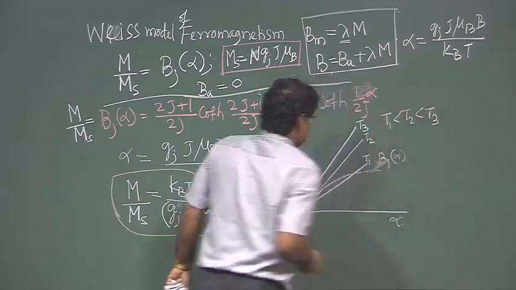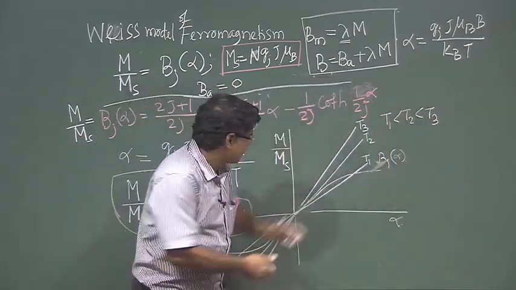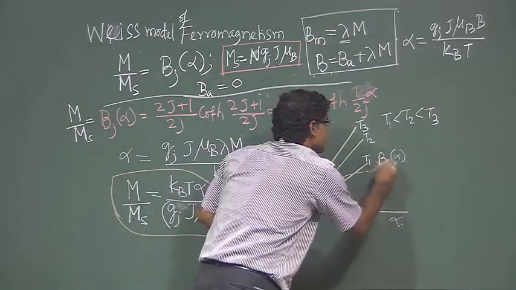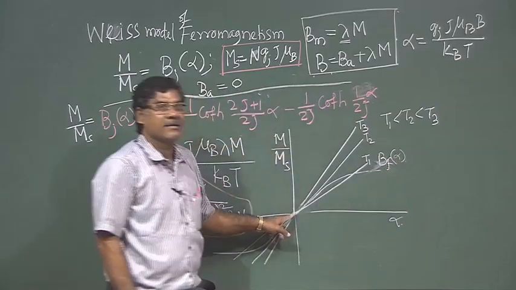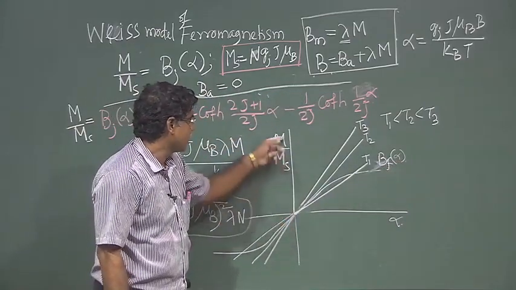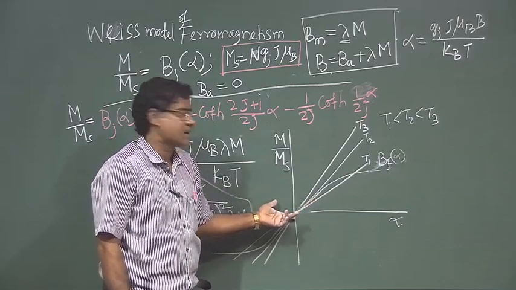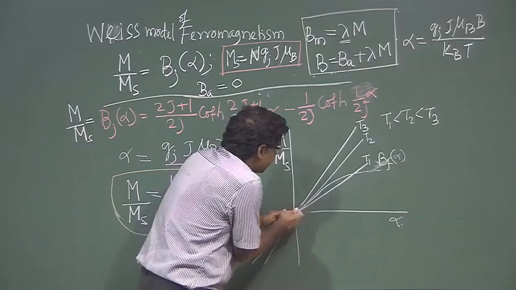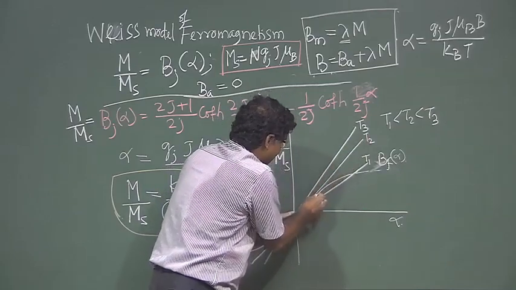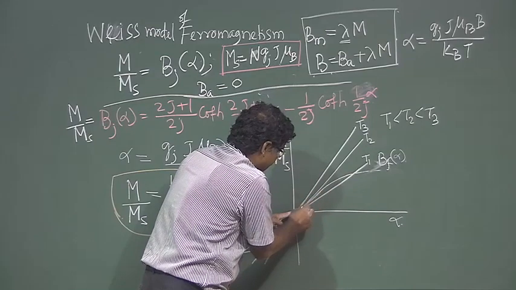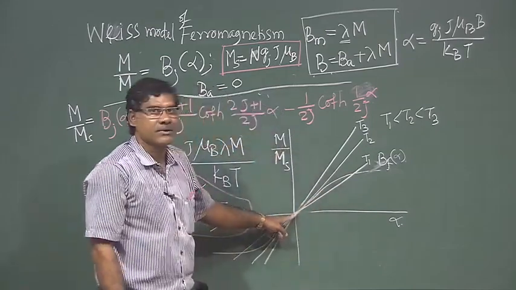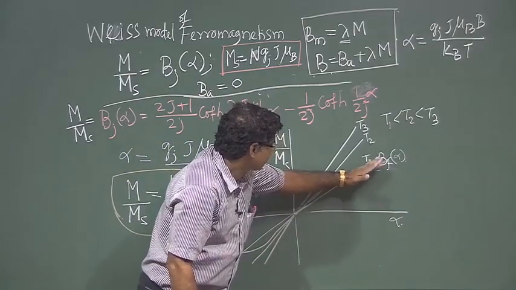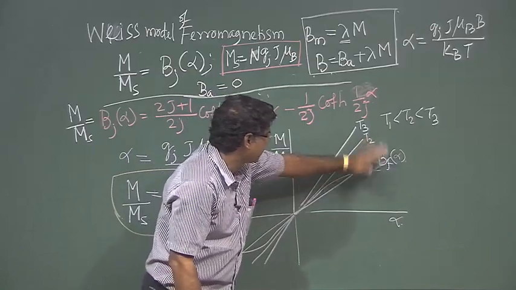T3 is not intersecting the Bj curve except at alpha equal to 0 where Ms is 0, so we have no interest in this solution. T2 is basically the gradient of the Bj curve at alpha equal to 0, and this other one is below the T2 temperature.